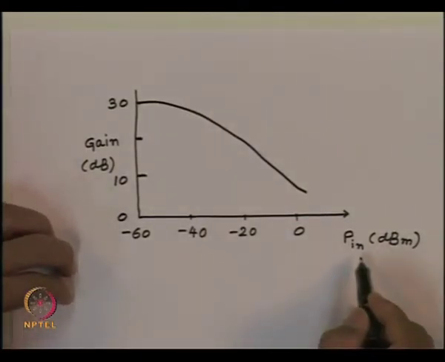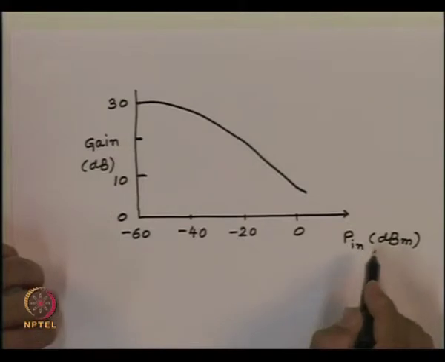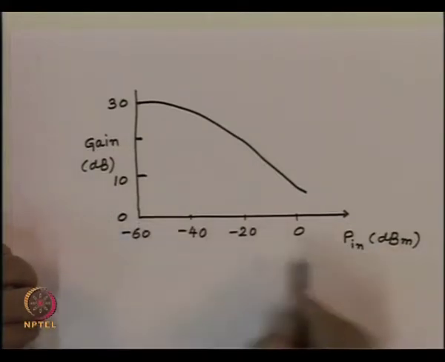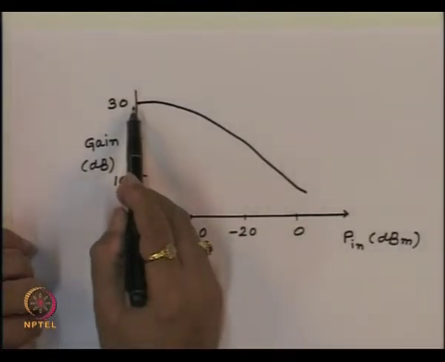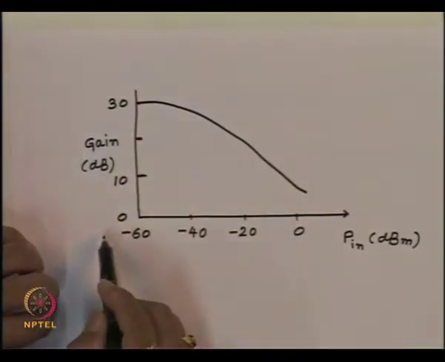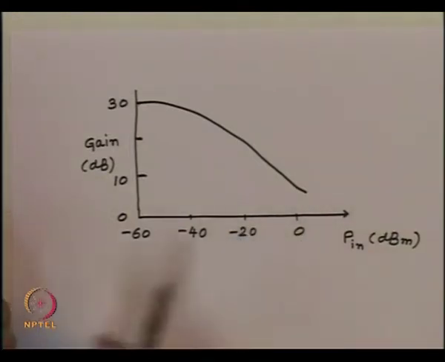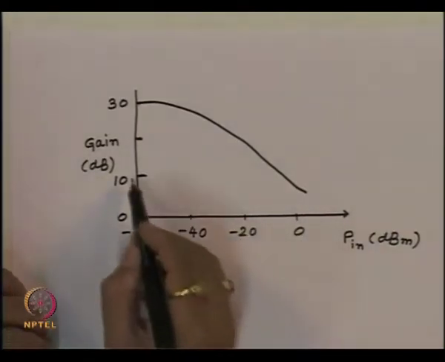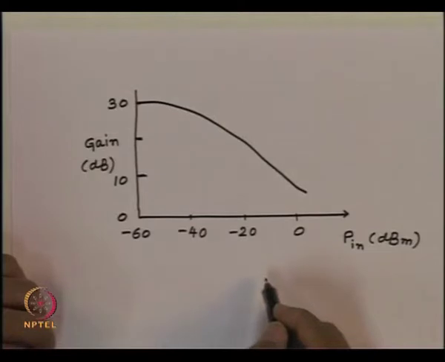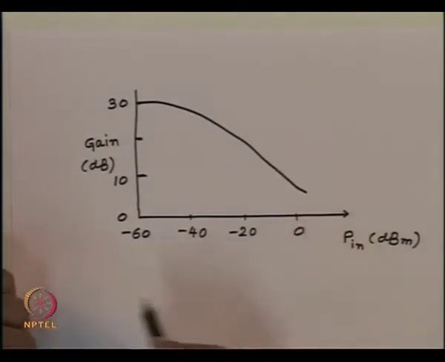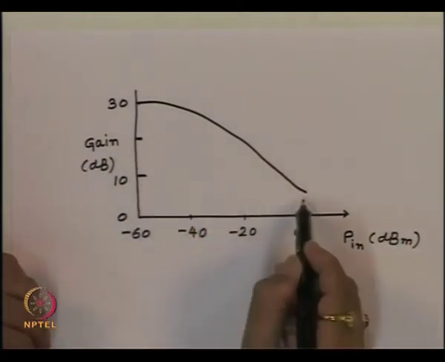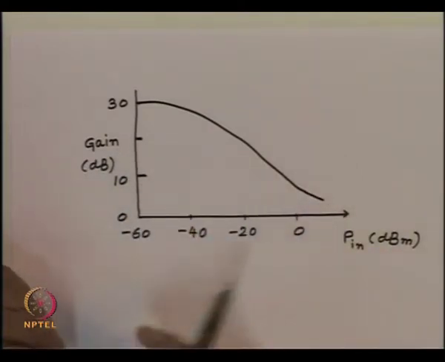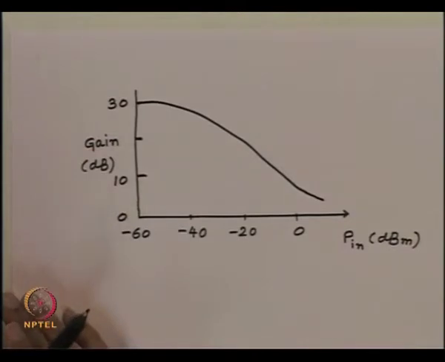For an input power as low as minus 60 dBm, the EDFA will have a gain of about 30 dB, but as the power reaches about minus 20 dBm, the gain would have dropped to about 10 dB, and by the time the power reaches about 0 dBm, practically the gain has gone to 0 dB. That means there will be no amplification of the signal.